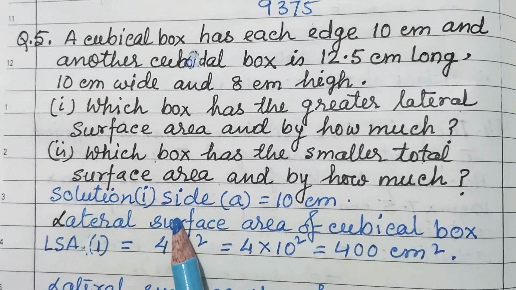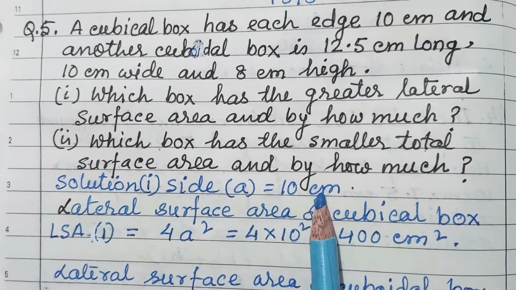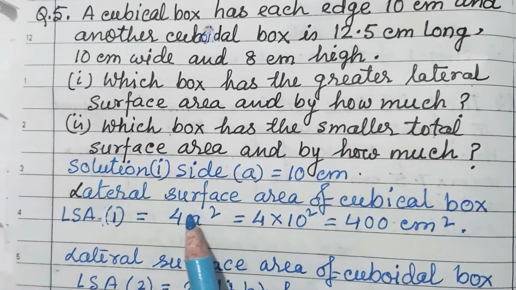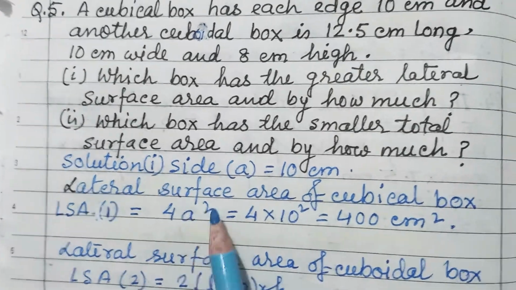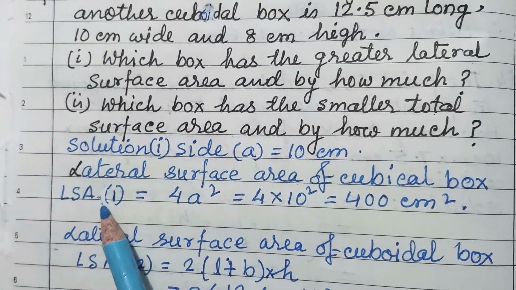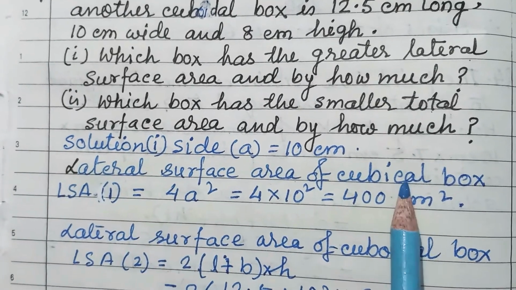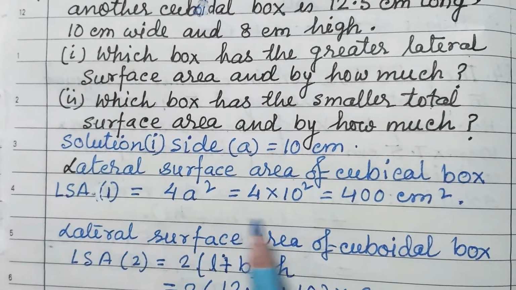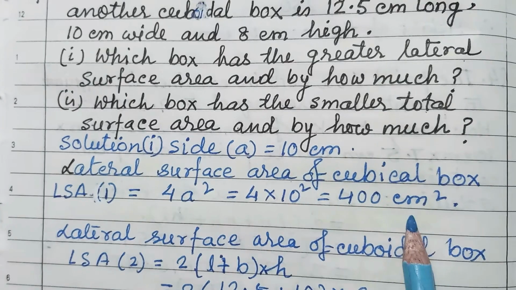Now the side of the cube is 10 centimeter. The four walls means 4a square. So the lateral surface area of the cubical box is 4a square, which is 400 centimeter square.